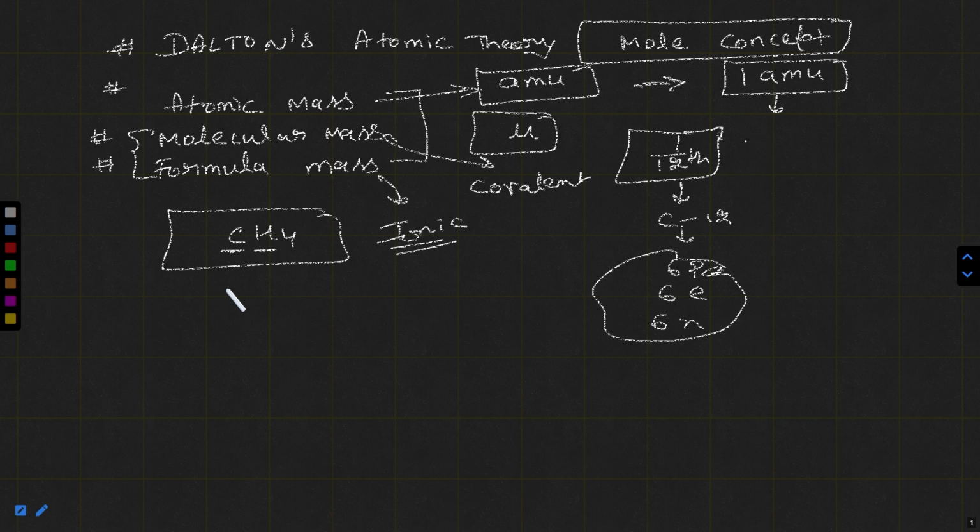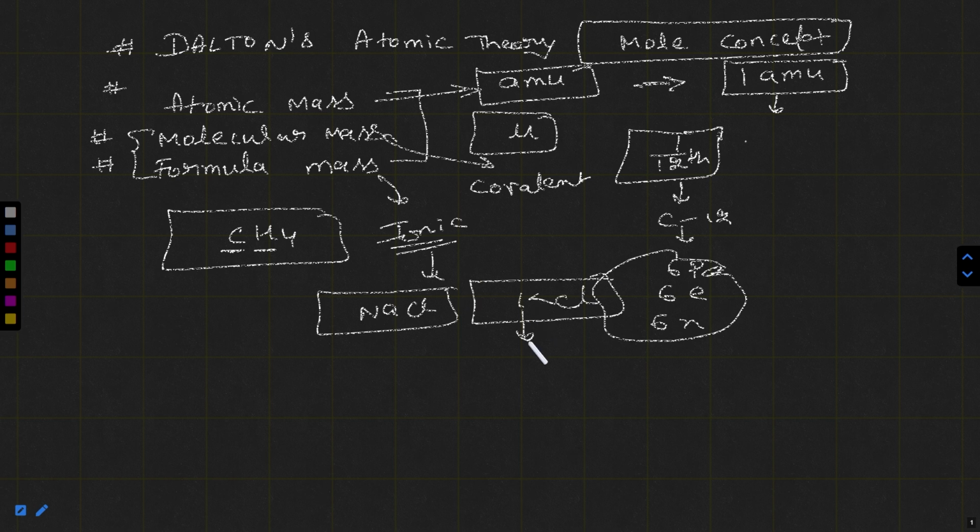The reference atom and AMU will be the same. For ionic compounds, like NaCl or KCl, we can calculate it. As I told you already, potassium has some isotopes, but we are using 39. If the question mentions potassium 40, 41, etc., then you can use those.